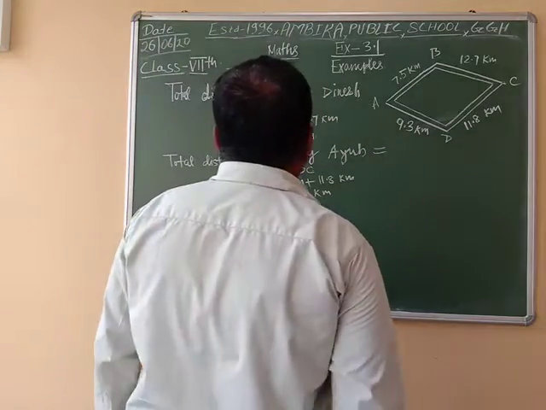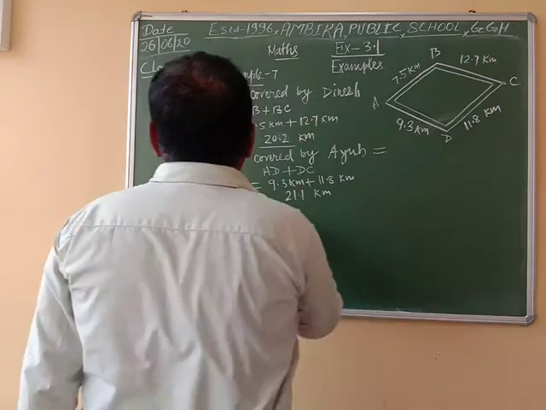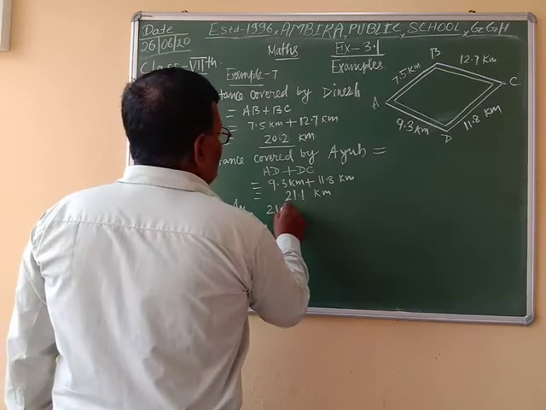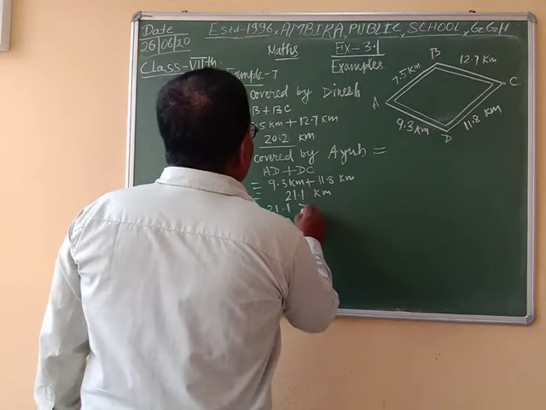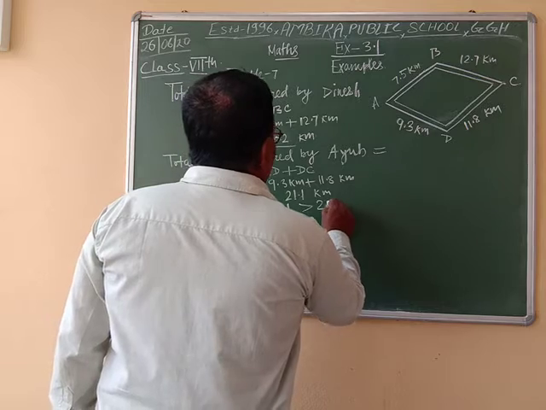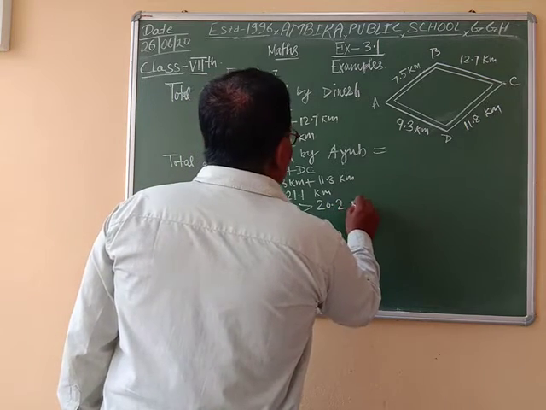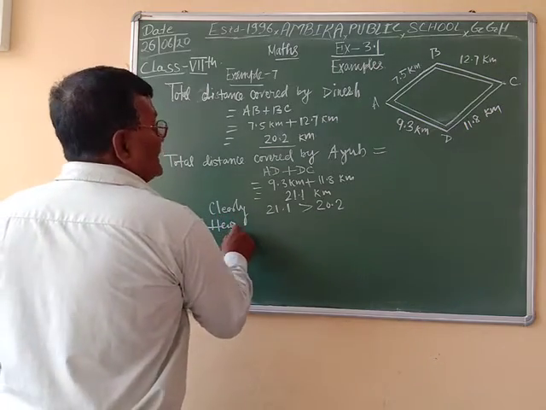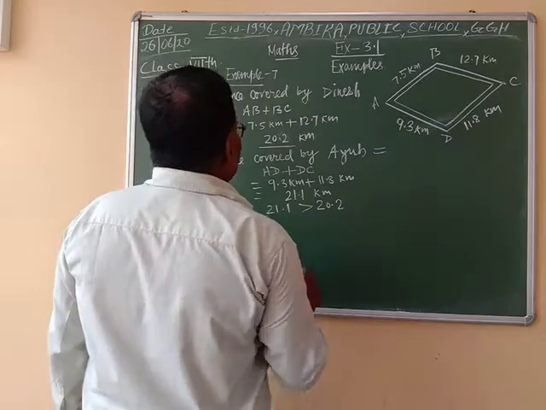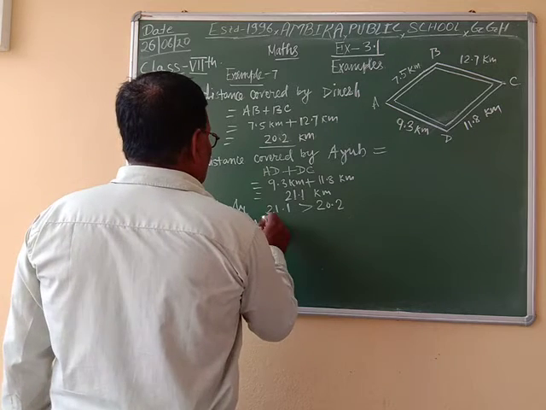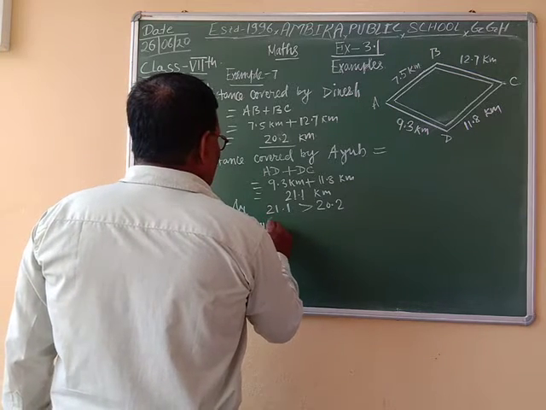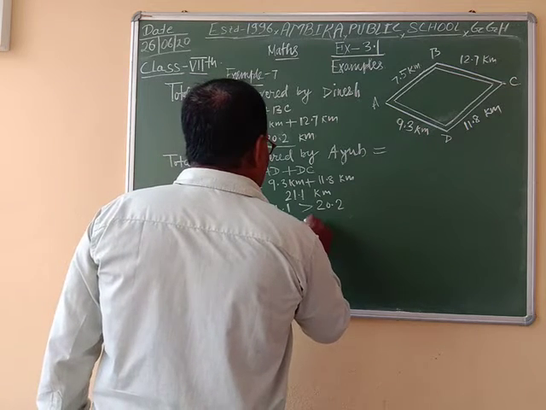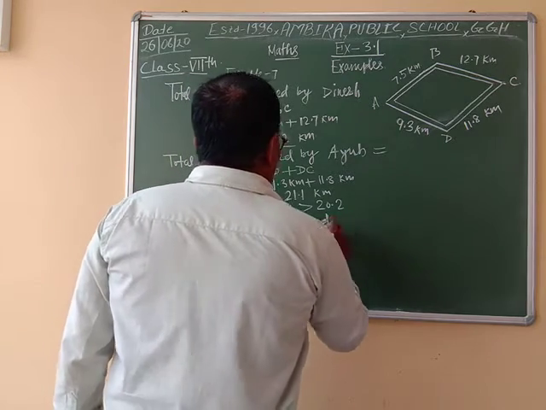Here we see that clearly 21.1 kilometer is greater than 20.2 kilometer. Hence Ayub covered more distance.